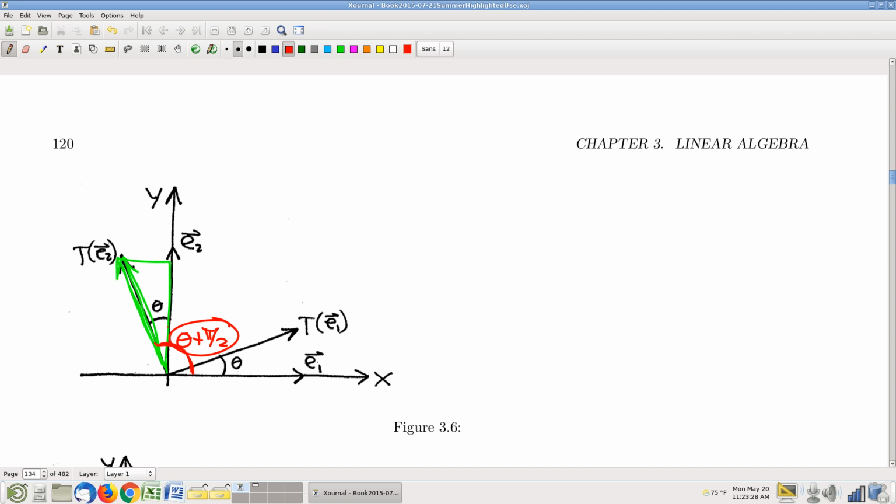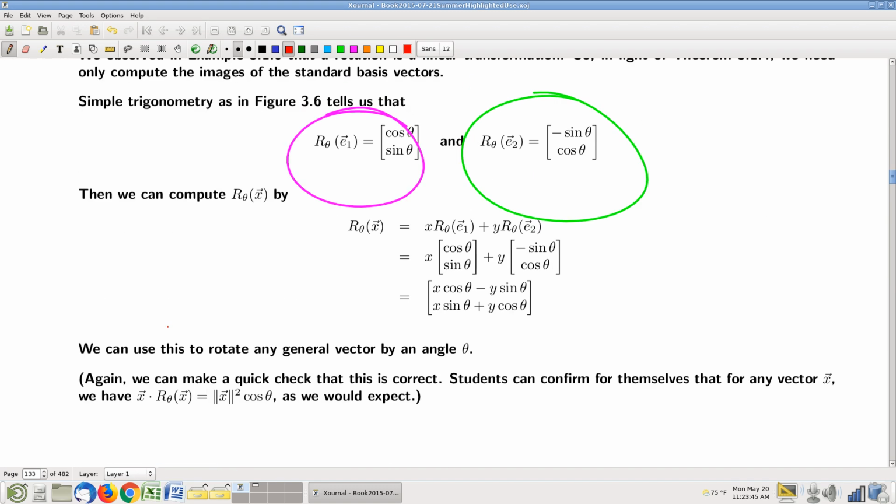According to that vector, cosine and sine of theta plus pi over 2. And then remember all those trig identities that I will remind you again are really handy to know. The various trig identities, trig symmetries, you just got to know how those work. And that recovers for you this as the rotation of E2. Once you have those identified, it's all downhill from there. Well, let me just do it like this.